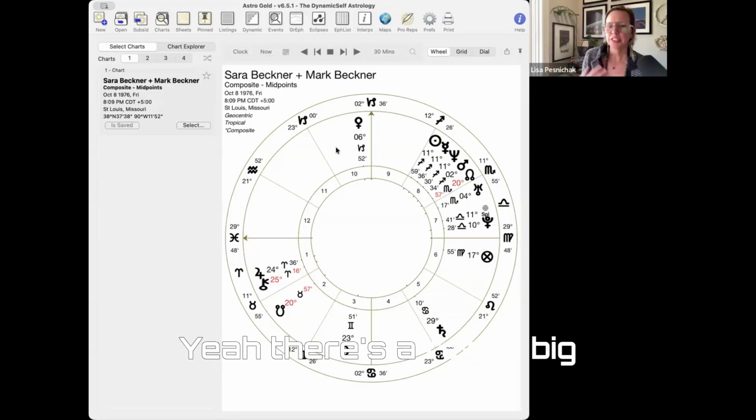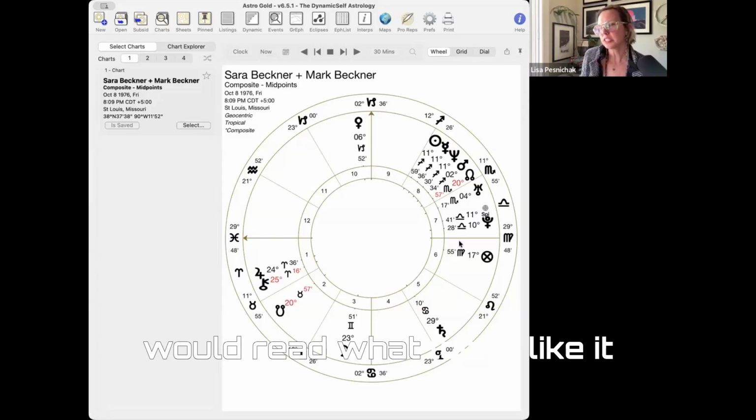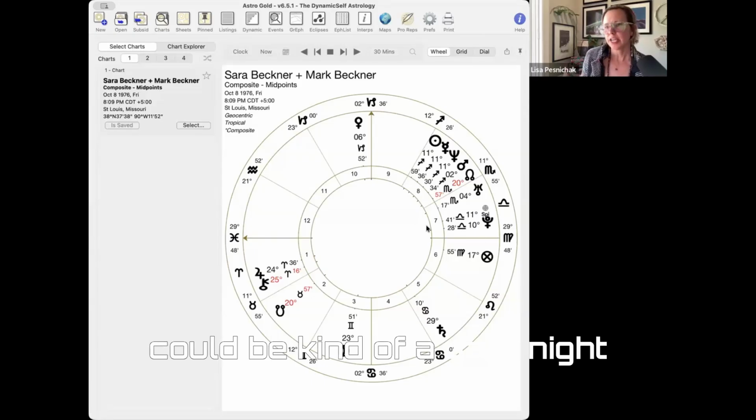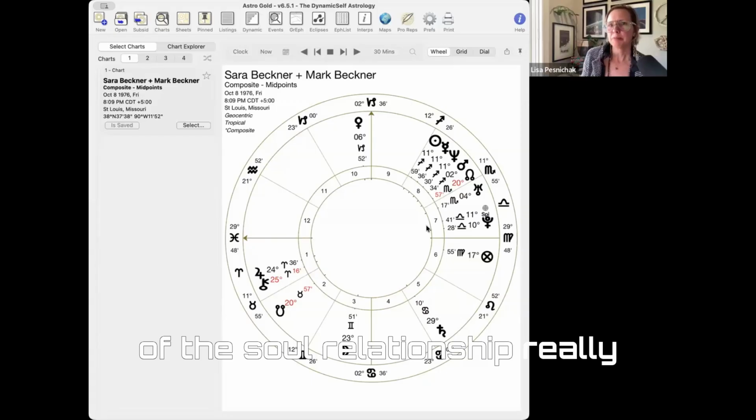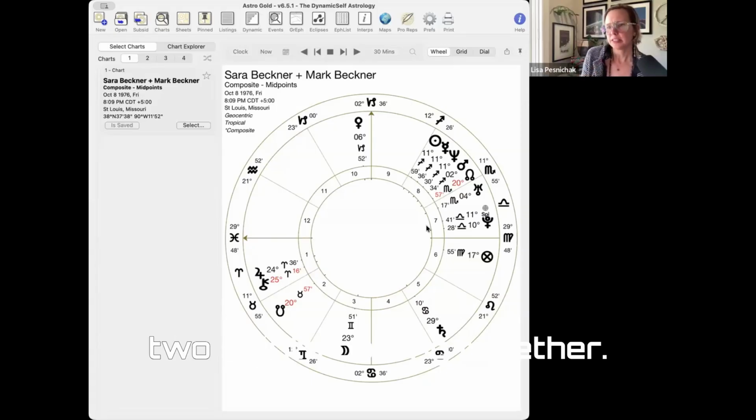There's a really big statement about this Venus being at the top of the chart saying this is a love chart. This is a chart about two people being together. And because of that, you would read what looks like it could be kind of a dark night of the soul relationship as really being two spirits coming together, materializing in this human form together and walking this path of life together, and knowing each other on a level that is deeper than humans in our current human state can actually perceive.